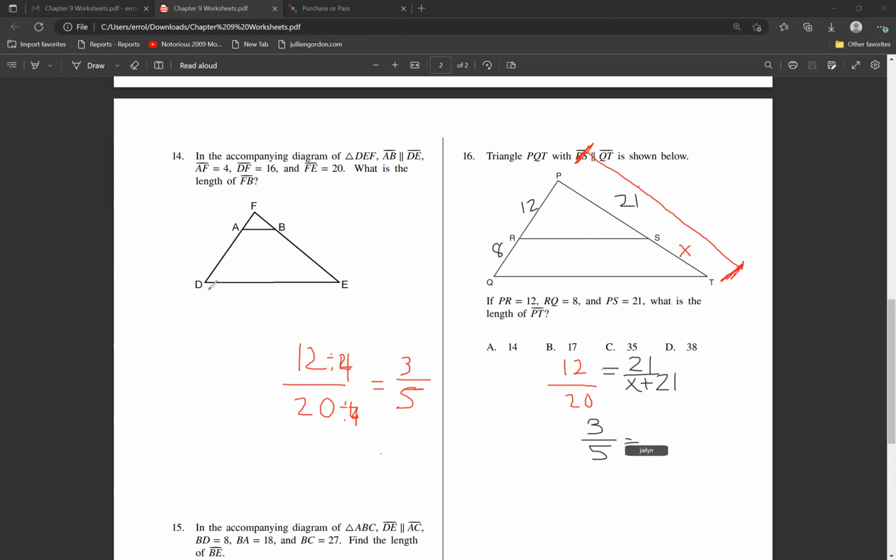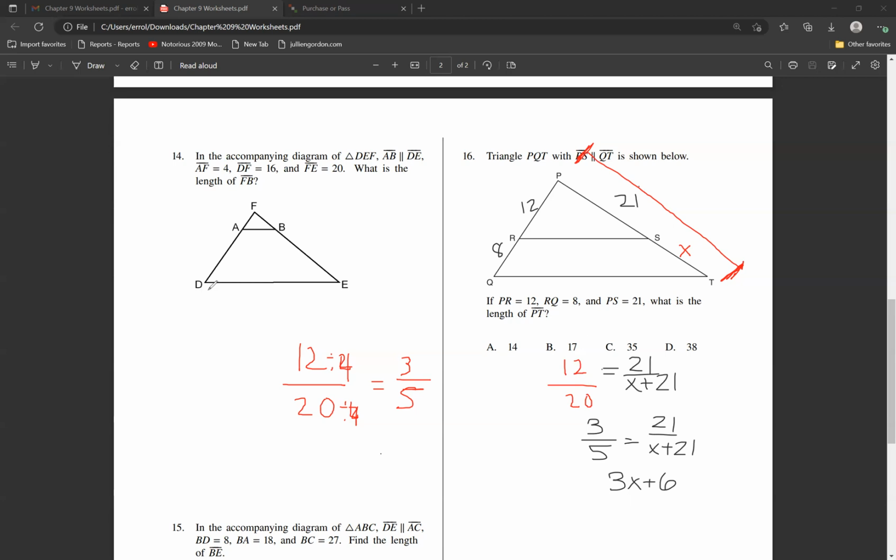Now you cross multiply. All right. Okay. Cross multiply now. 3x plus what's 21 times 3? 63. Yep. So 3x plus 63 equals what's 21 times 5? What's 20 times 5? 80. That's 20 times 4. What's 20 times 5? 100. Okay, that's right.